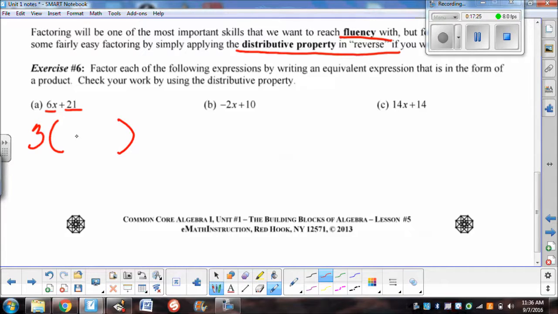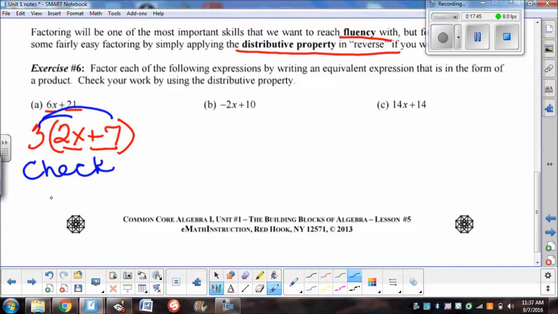So when I reverse this distributive property, 3 times what gives me 6x, and I know that's 2x, and 3 times what gives me 21, a positive 21, it's that, and they're asking you to check it by distributing. So do the check and distribute. 3 times 2x is 6x, 3 times 7 is 21, and that certainly matches our original problem.